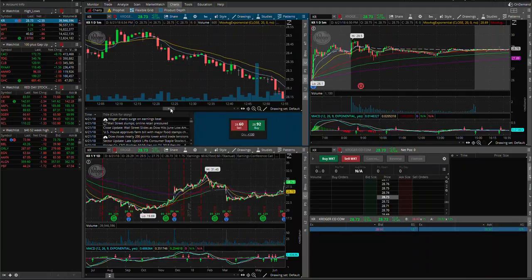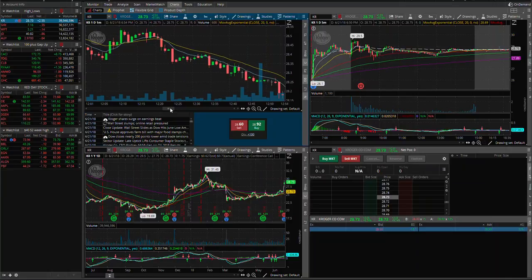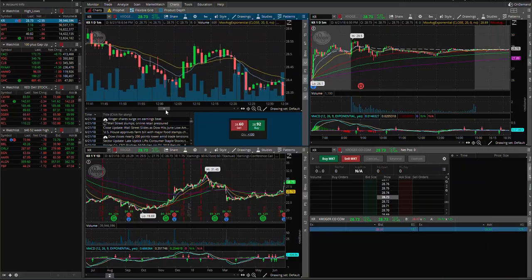Alright, so this makes it very, very easy to see now. So again, I'll repeat that. A bearish crossover happens when a longer time period EMA crosses over the shorter time period EMA.